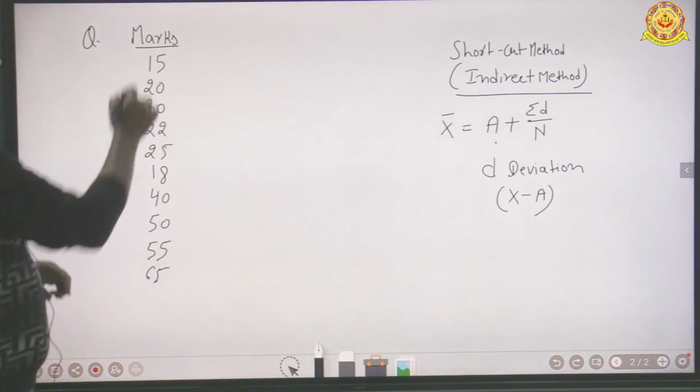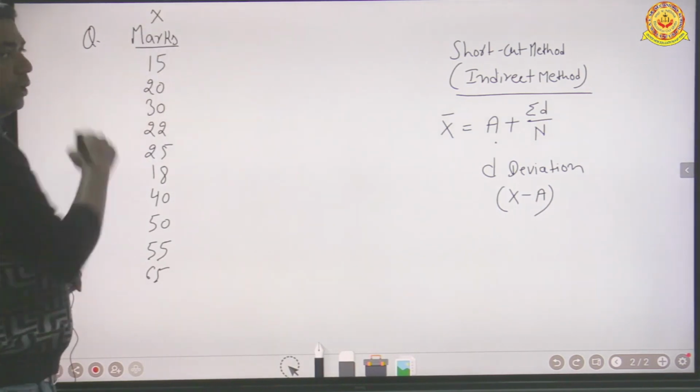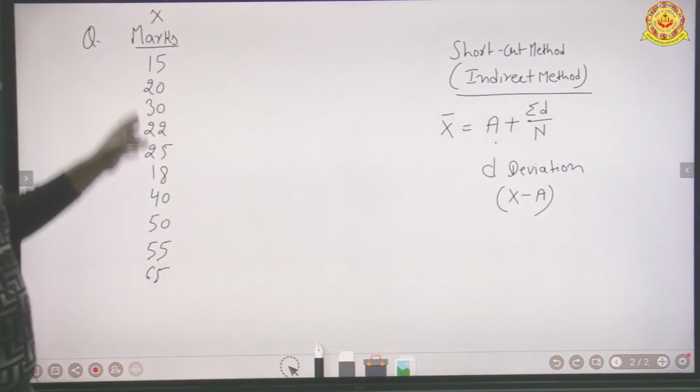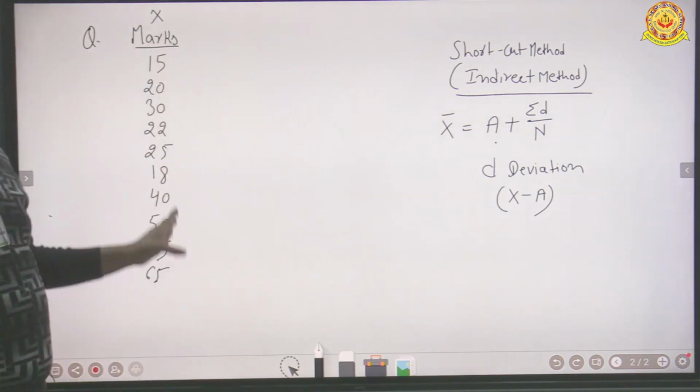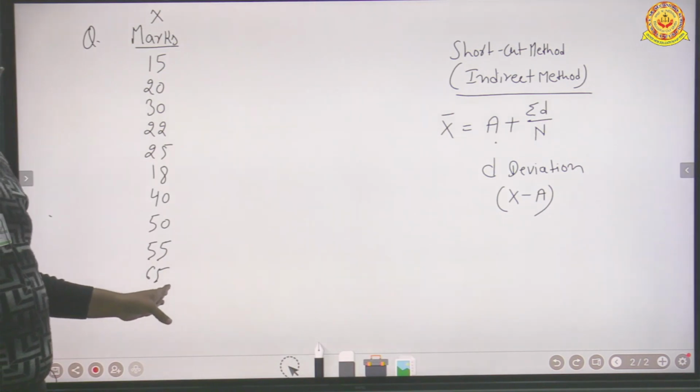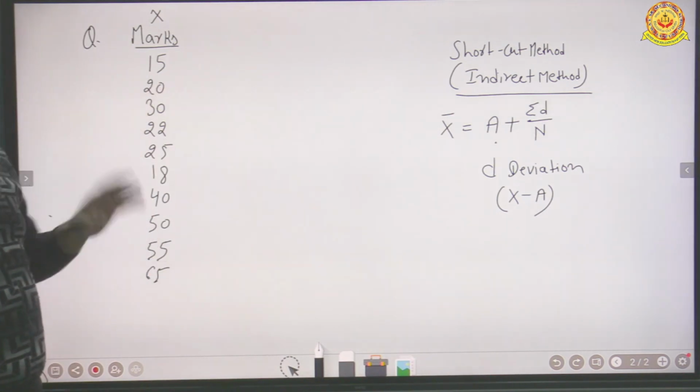These marks are the x values. Now deduct the assumed value which we have taken, 40. So 40 will be deducted from all these values. In this way you will calculate the deviation.